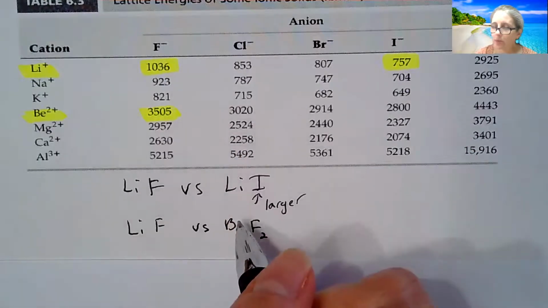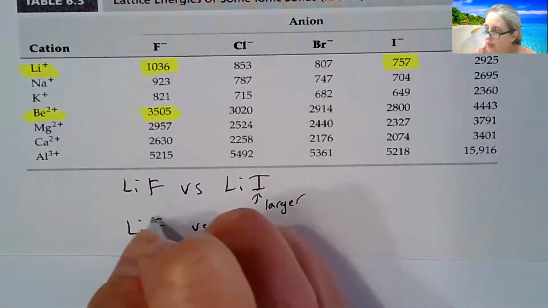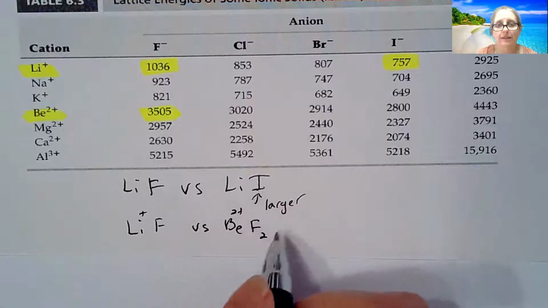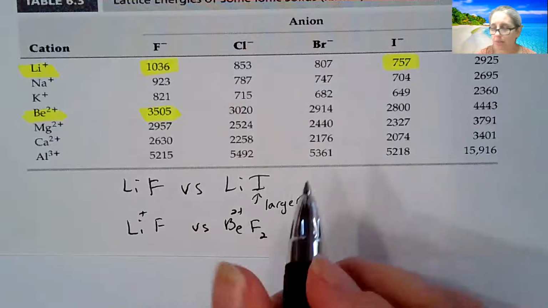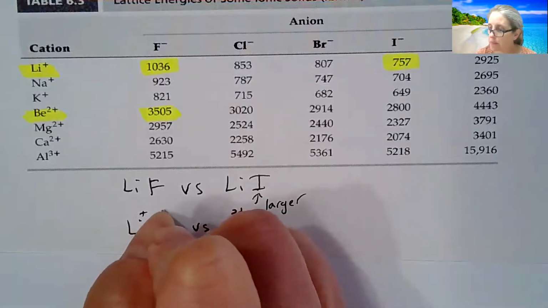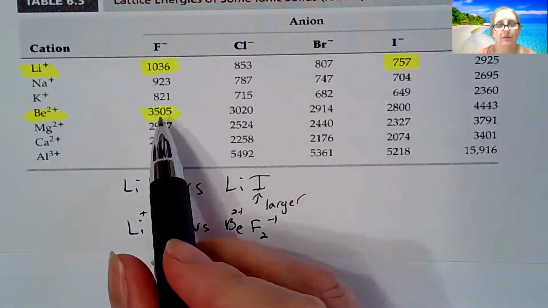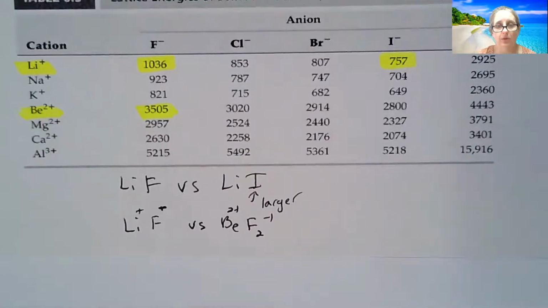Since beryllium is a +2 and lithium is a +1, I have a difference there. I have much more lattice energy between the beryllium and the fluoride because this is a +2 versus a -1, versus a +1 and -1. I can see that with the 3,505 versus the 1036.